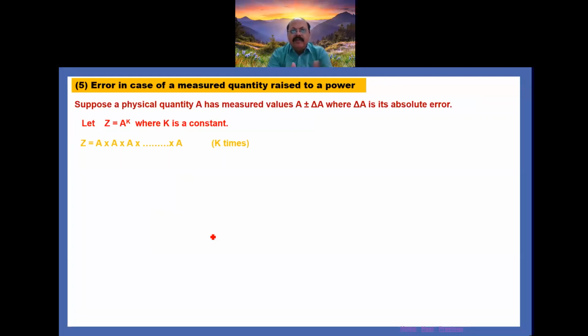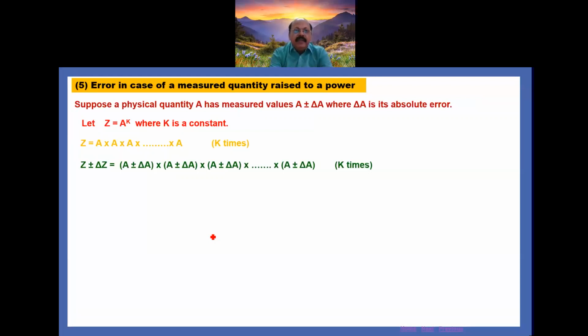Already you have studied that in the case of a product, the error in the result is the sum of the random errors of the individual physical quantities. So that can be written as Z plus minus delta Z equal to A plus minus delta A into A plus minus delta A into A plus minus delta A up to K times.